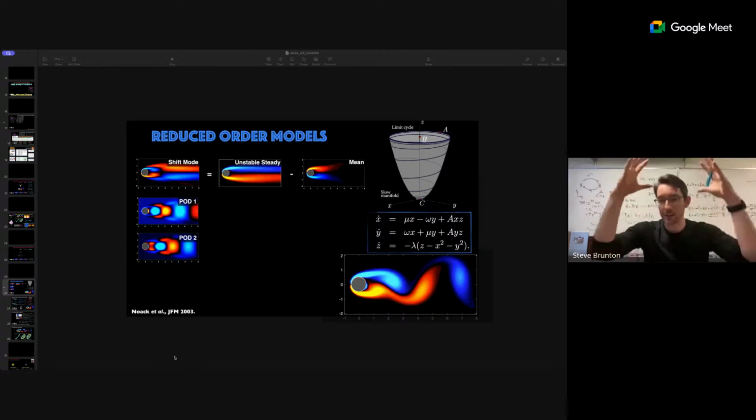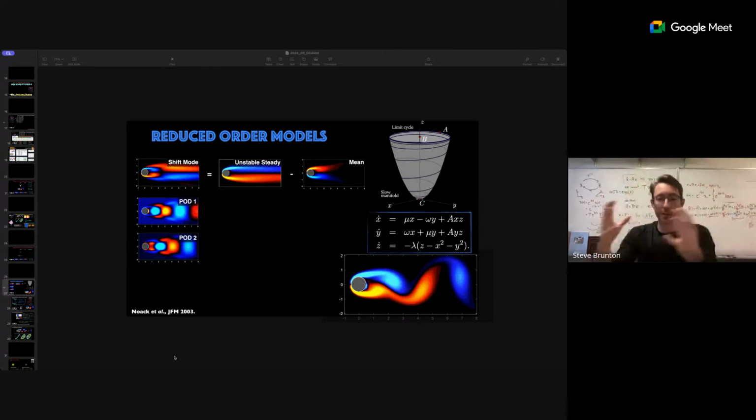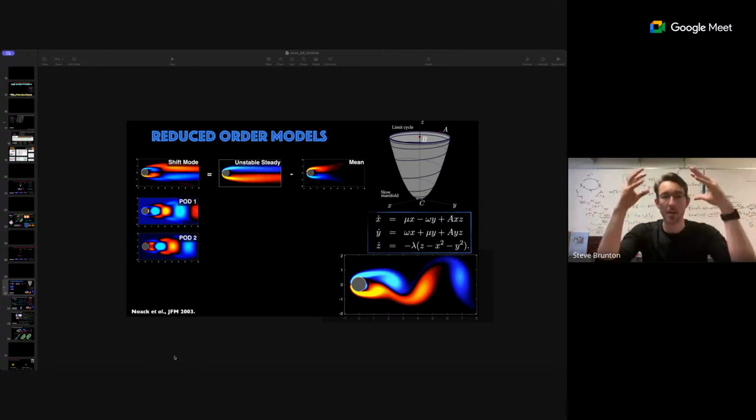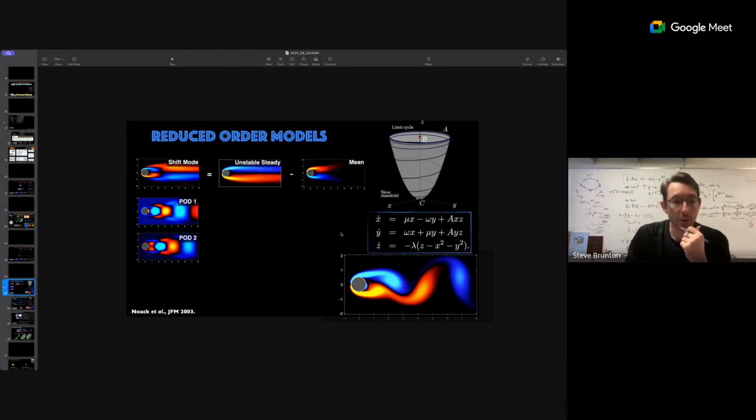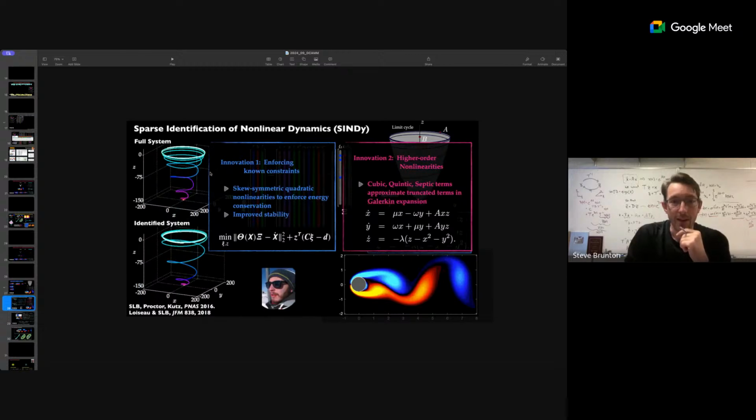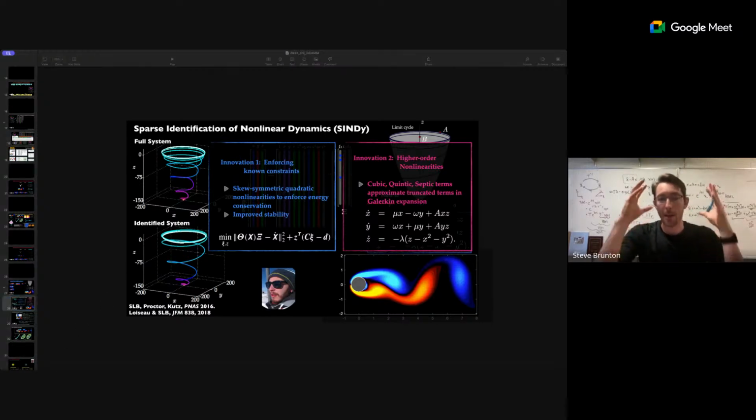We know that these continuous symmetries that we think of, like translation invariance and rotation invariance, also have ramifications in terms of our reduced order models, in terms of symmetries on the actual terms in the differential equation. So my fluid flow equations have skew symmetric quadratic nonlinearities. Energy conservation in a fluid means that my quadratic terms have to have a skew symmetry. And that skew symmetry can be encoded and enforced in the SINDy procedure.